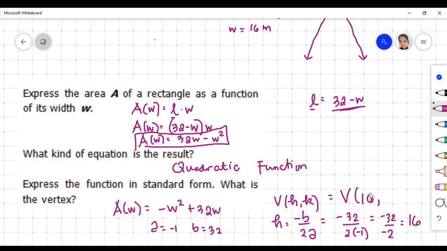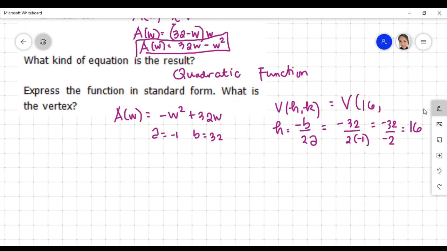Then solving for our K. Okay, so to solve for K, we will just substitute 16 to W here. So negative 16 squared plus 32 times 16.